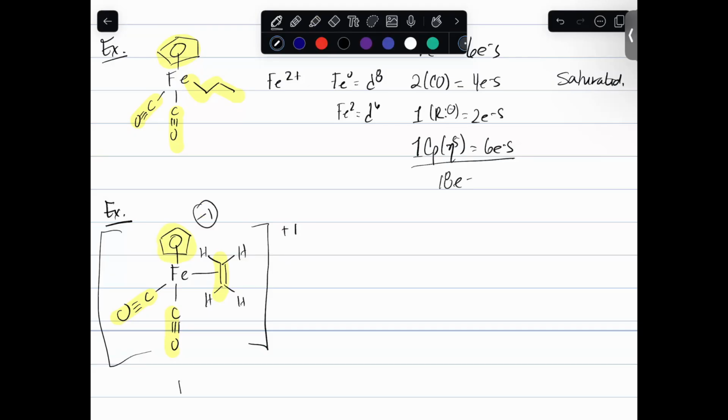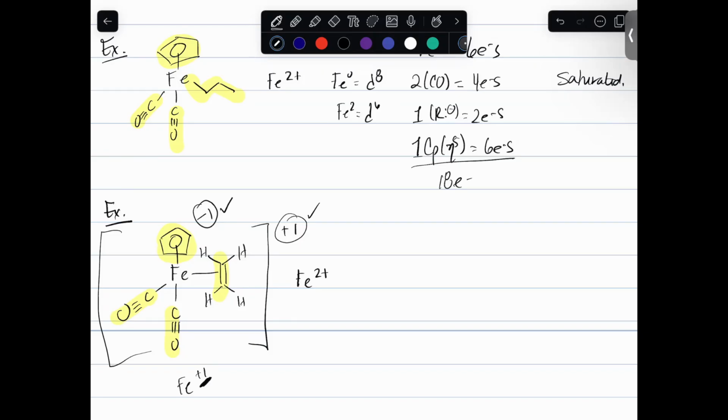So iron must have a +1 to it to counterbalance that. But please notice that the net charge is +1, right? And so you have to take that into account as well. And so in this case, again, I have iron 2+. It's the +1 to counterbalance and the +1 as the net charge as well.